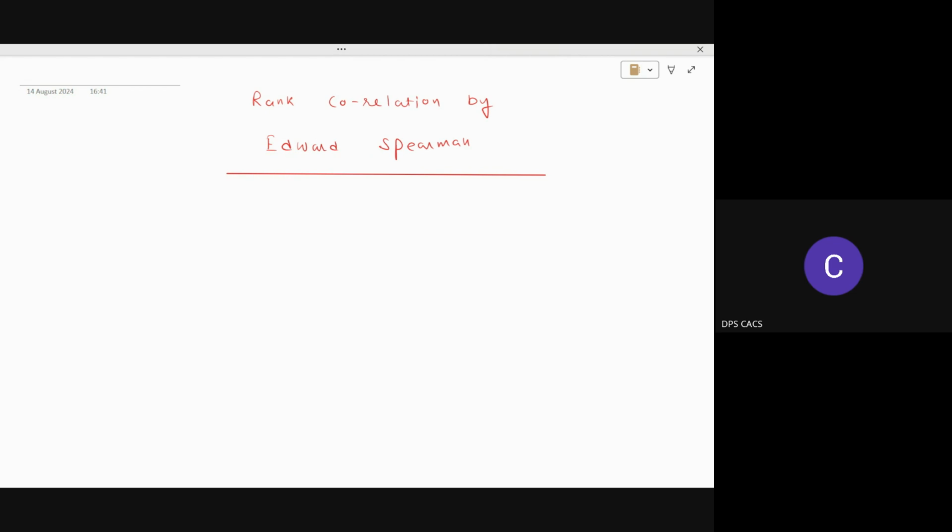He said, no need to do so much hard work. Instead of taking all values, I'll take rank of the values. That means first I'll give rank to the values and then I'll calculate correlation from rank.